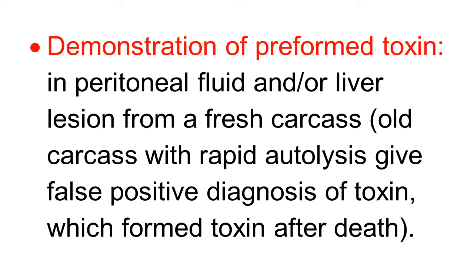Remember here, a positive result on a fresh carcass is diagnostic. In an old carcass, there is rapid autolysis and that gives a false positive diagnosis of toxin because toxin may be formed by other organisms after the death. So for this diagnosis of preformed toxin, the fresh carcass is important.